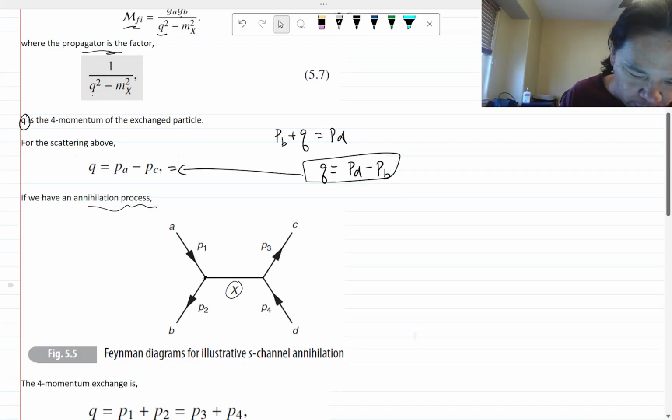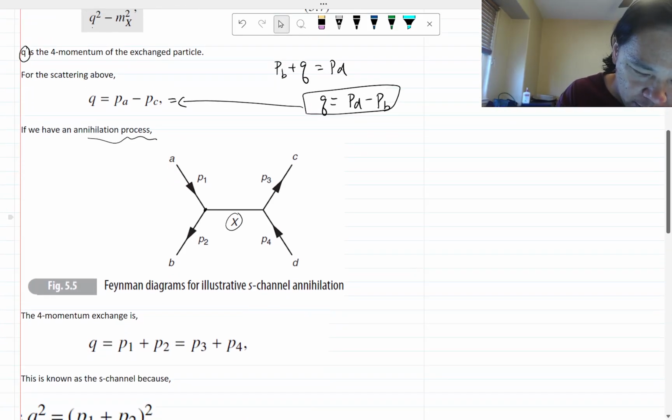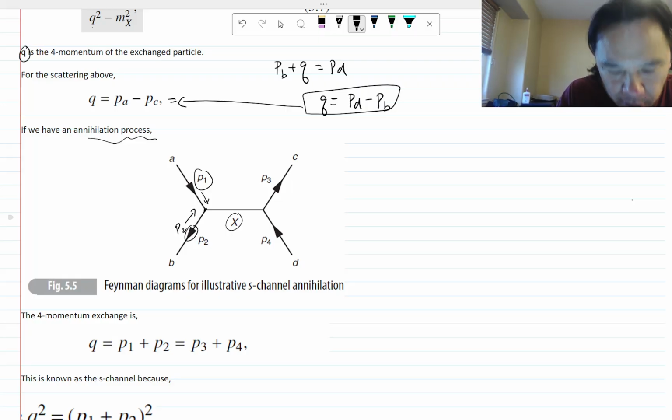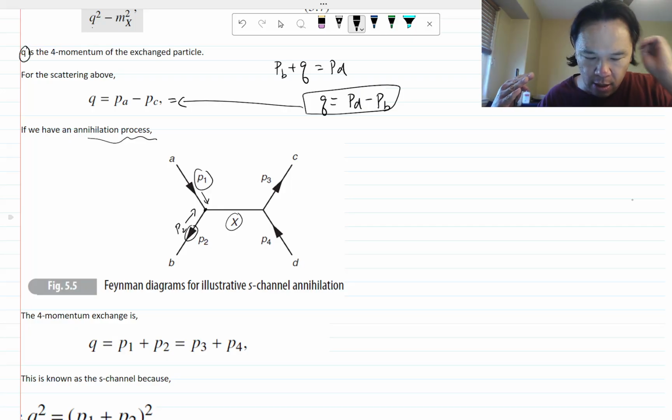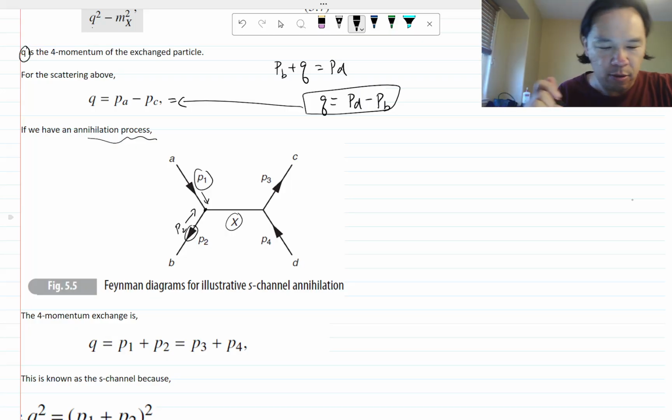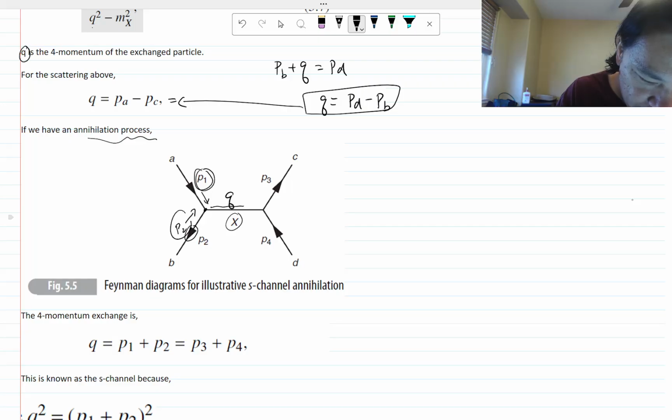The forward momentum in this case: you have momentum P1 coming in, and then you have P2 coming in. This arrow indicates the particleness, but this arrow represents the momentum coming in, because it's actually an anti-particle moving backward in time. So you think about it as a particle moving forward in time. This momentum actually goes out here. This Q is actually the sum of these two momenta added together instead.